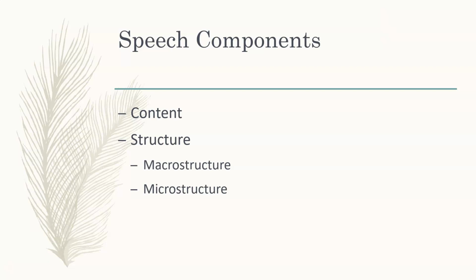Your content can be gorgeous and still fall flat if you aren't selling it. So as you go through this, think of that macro and micro structure. How can I structure it effectively so that it's clear? But then what can I do to really get that meaning across? And the answer to that question is always going to be delivery. It is how have you chosen to represent that data?